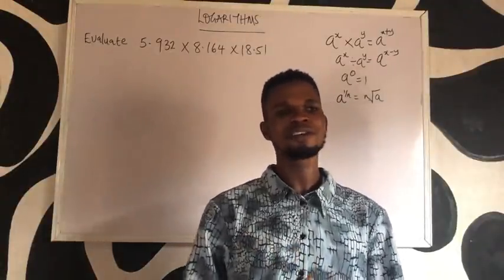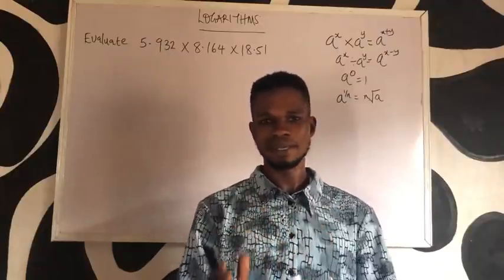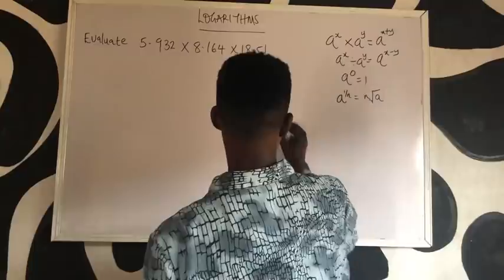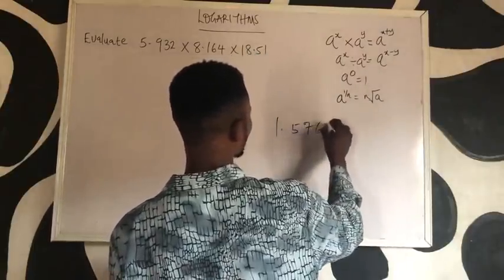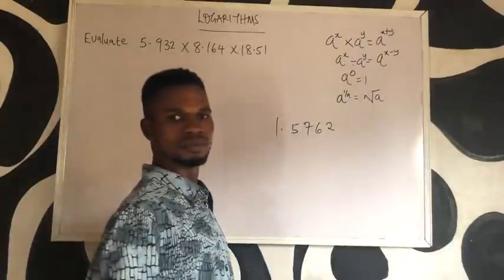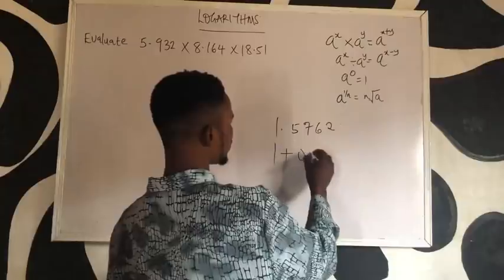And you should take note of this also. Under logarithm, we have what we call the characteristics, and we have what we call the mantissa. Let's say we have 1.5762. This 1.5762 is the same thing as 1 plus 0.5762.